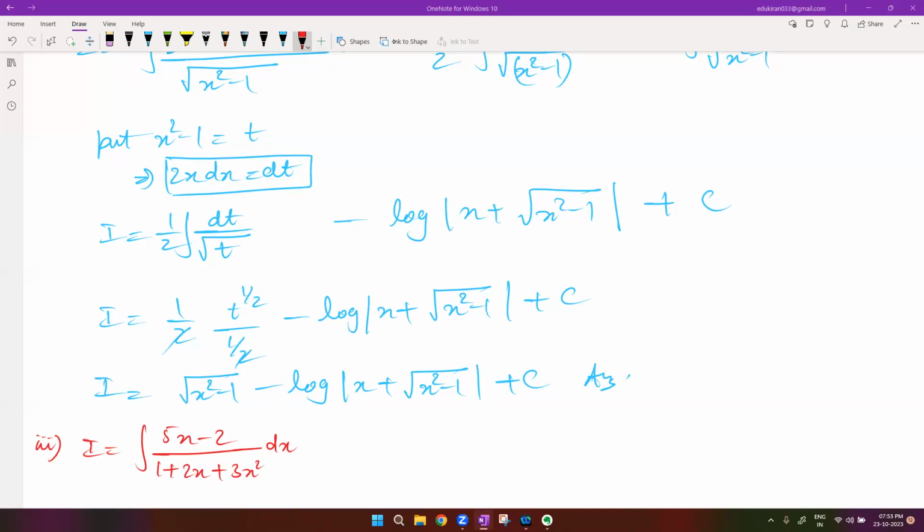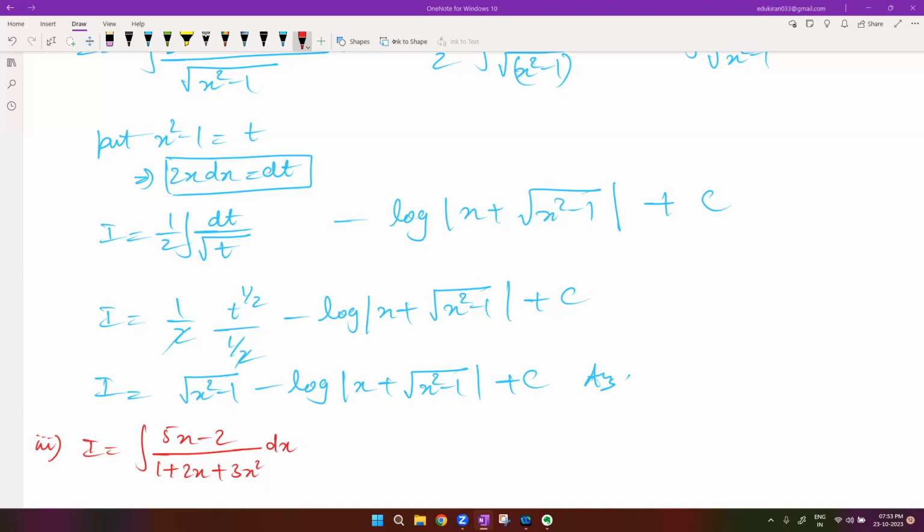And you can see this. There is a linear expression in the numerator and there is a quadratic expression in the denominator, and the quadratic expression is without root. So you can directly apply the formula and try to find out the answer.